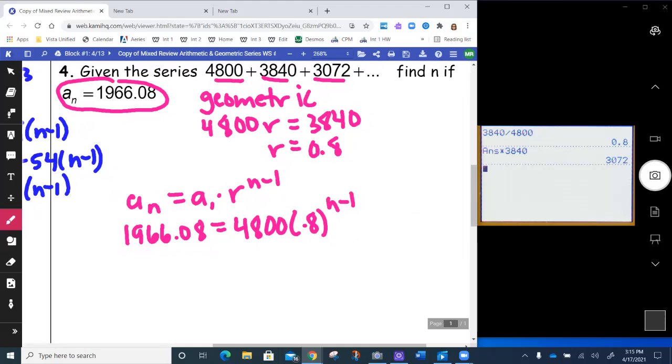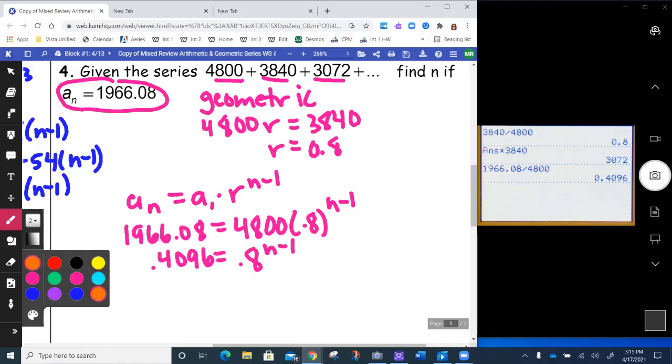Okay, so the first thing I'm going to do is divide both sides by 4,800. So I'm going to have 1966.08 divided by 4800, and I get 0.4096. So 0.4096 is equal to 0.8 to the n minus 1. You can either log both sides and have that be kind of base 10 logs, or you can rewrite this in logarithmic form.